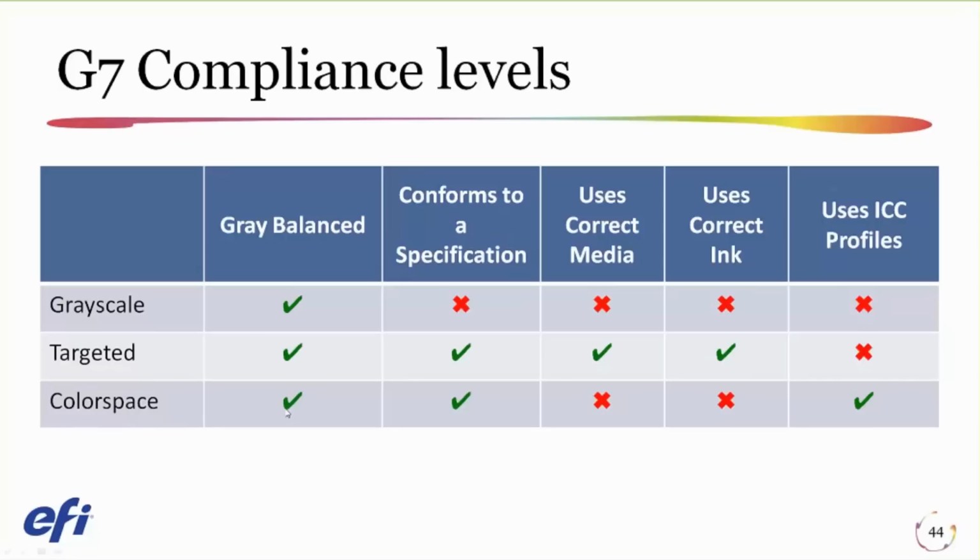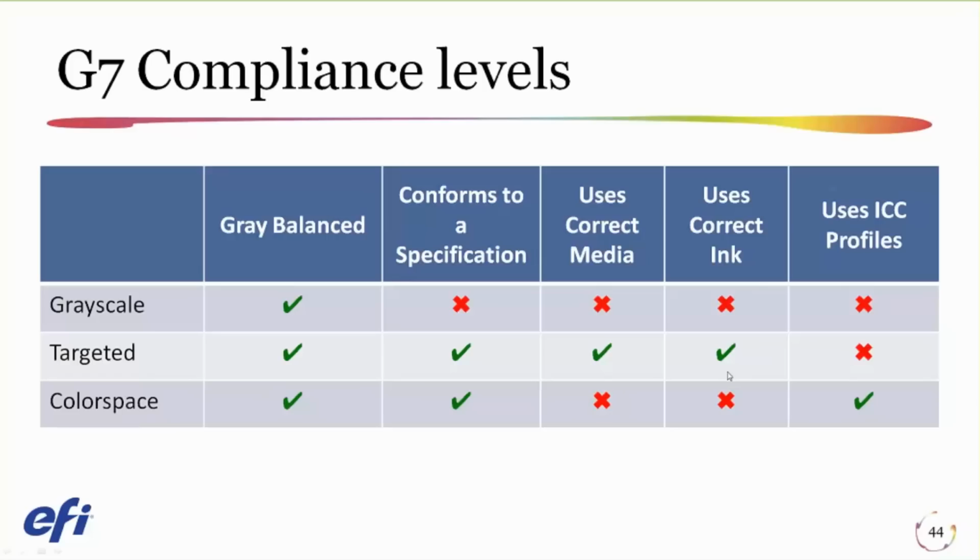Colorspace. This is the world of wide format inkjet. We are gray balanced, we conform to a specification, and we use ICC profiles. Instead of the correct ink or media, we might use the right media, but we are definitely using ICC profiles because our inks are not the correct color.